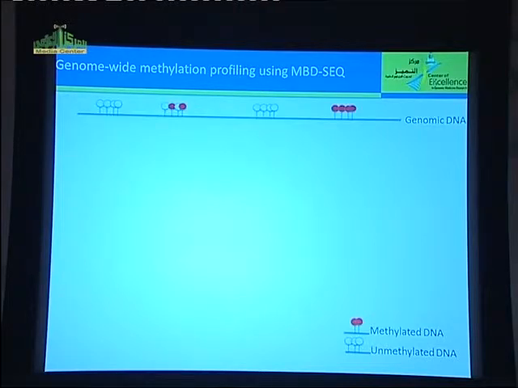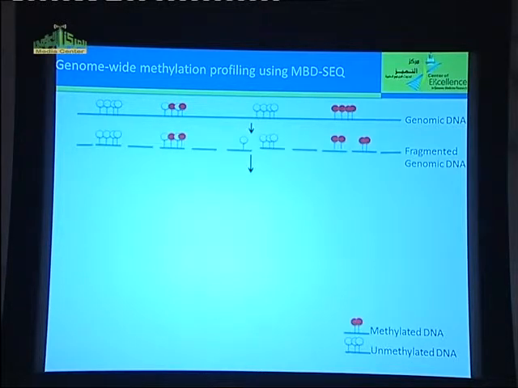And the method I adopted is called MBD-seq, or methyl-binding domain sequencing. Just a brief introduction of this technique: you see the methylated CpGs represented by the red lollipops here, and unmethylated CpGs represented by the white ones.